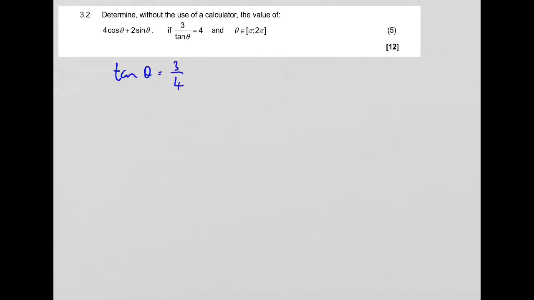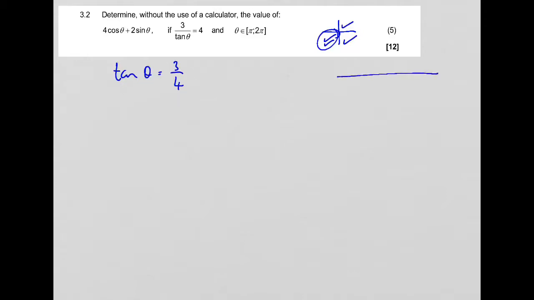So that would be multiplying both sides by tan theta and then dividing both sides by 4. Right, so now if we look at the CAST diagram, tan is positive in quadrant 1 and quadrant 3, but if we take into account that theta needs to be between pi and 2 pi, that means that clearly this is the quadrant that we need.